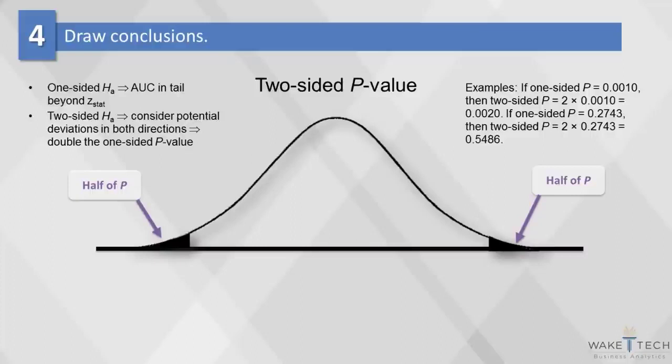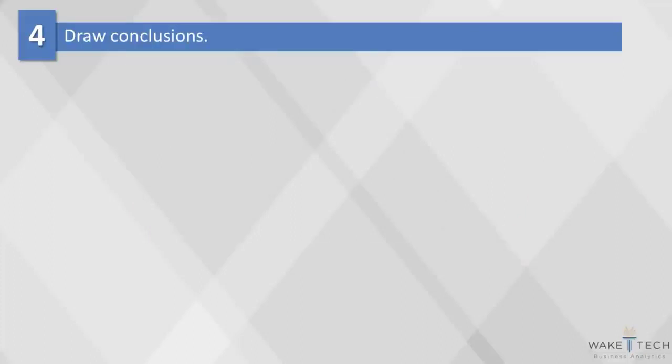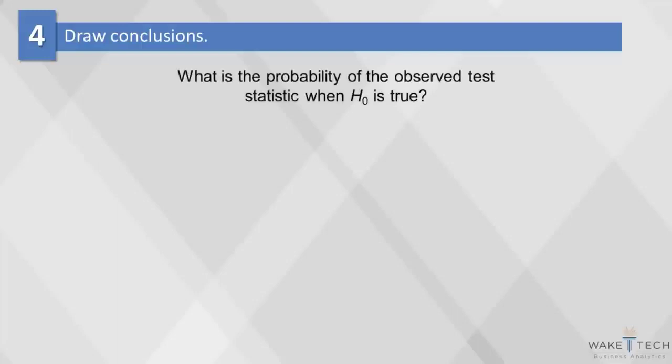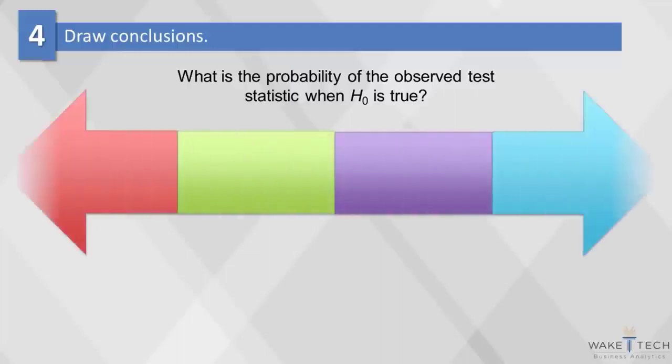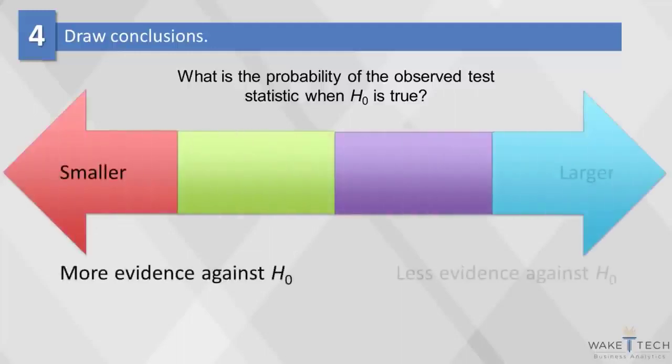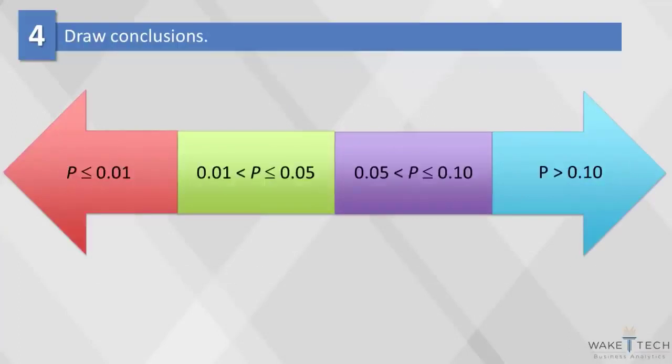Since we will be using p-values in all our subsequent analysis, it's worth emphasizing what that means. P-values ask the question, what is the probability of the observed test statistic when H0 is true? Remember, the smaller the p-value, the more likely that your null hypothesis is not true. This graphic depicts the significance of p-values at less than 1%, between 1 and 5%, between 5 and 10%, and greater than 10%.